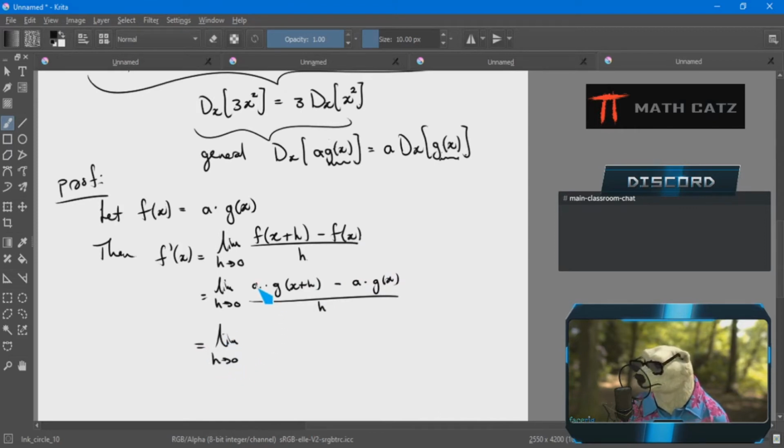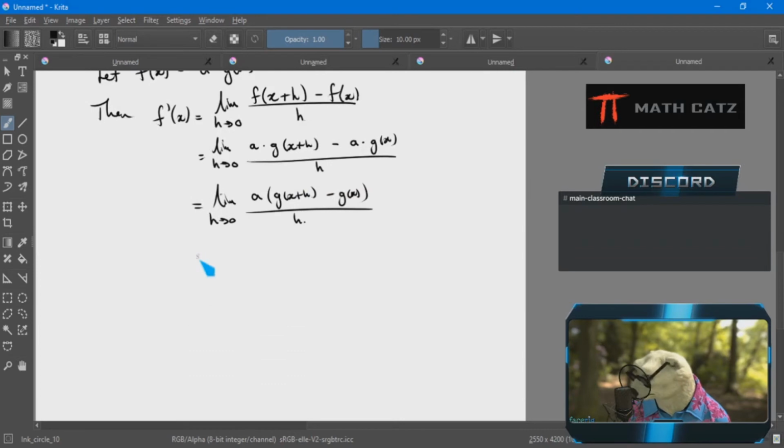Then we can factor out an a and write g of x plus h minus g of x over h. Then, because it's all multiplication, I can put the a in front multiplied by this fraction.